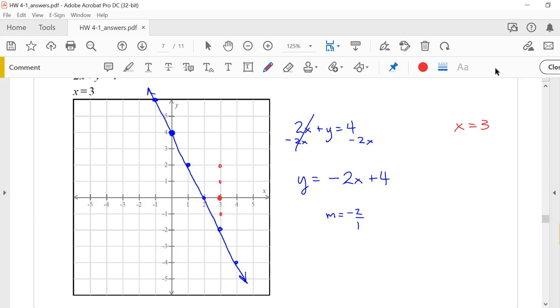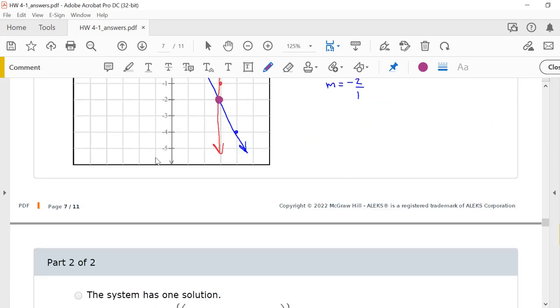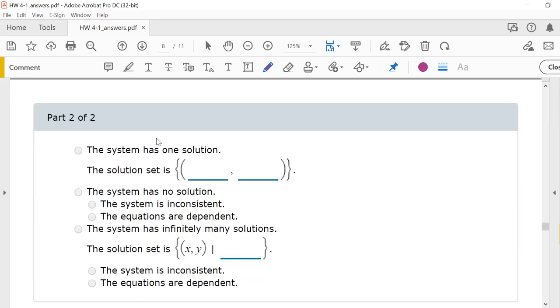Doesn't matter what the y's are, x is always 3. So there's that red line. Those two lines intersect in one point, and that point is at 3, negative 2. So I have one unique solution, and that solution occurs at the point 3, negative 2.